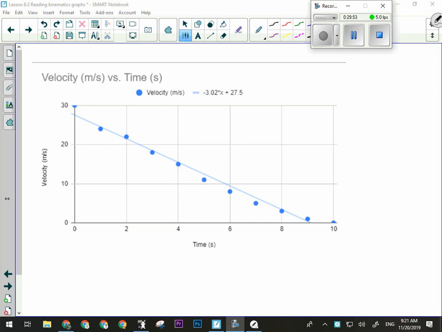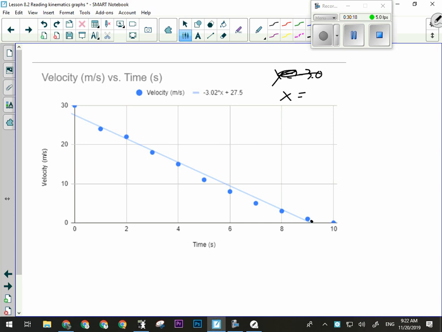Okay, so I need to solve for x when y is 0. Actually, sorry, I've got to solve for x. Solve for x when y is 0.